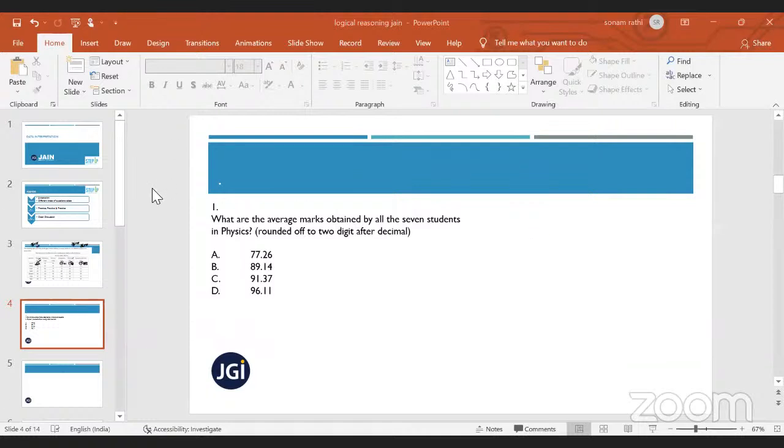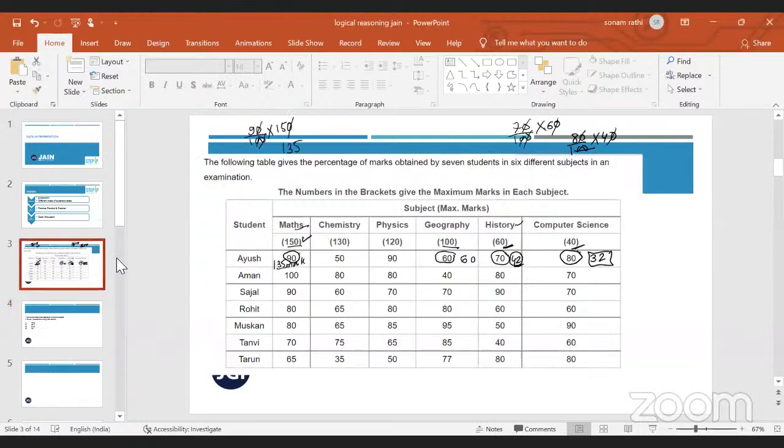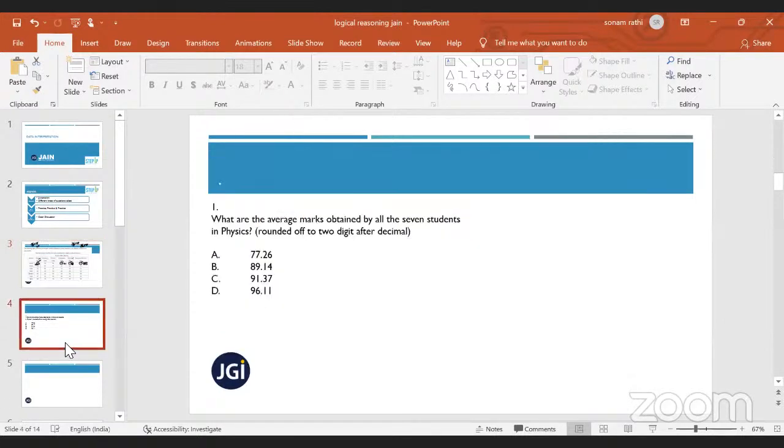So what do you need to do? You need to find marks in physics. So basically you will find 90% of 120, 80% of 120, like this. Calculate this, then add it and then divide by 7 because they are saying average, right?